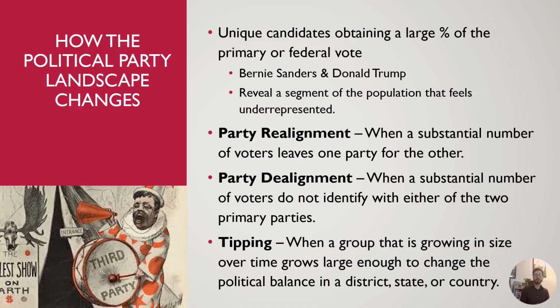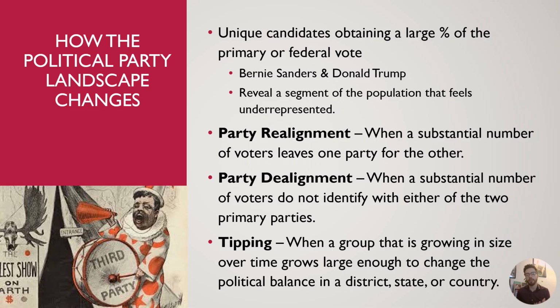So how does the political party landscape change at large? We know there are general periods where you see unique candidates obtaining a large percentage of the primary vote or federal vote to reveal a sentiment within each political party. They don't even have to win an election to reveal that mass percentages of a party are feeling disenfranchised or some level of dissatisfaction.